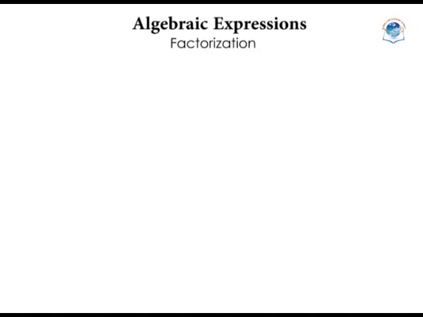There are certain expressions that at first glance may not seem to have a common factor, but a careful examination will allow you to see the common factors. Consider ax plus ay plus bx plus by. The first two terms have a common factor a, and so we can have a into x plus y. The next two terms also have a common factor b, and so we can have b into x plus y.